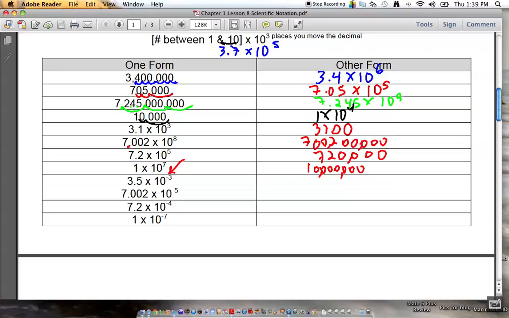Negative exponent means 0 point. Means it's a really tiny number. 0 point 0, 0, 0, 1, 2, 3, 5. You see how I would move the decimal 3 places to the right to make a number between 1 and 10? So that's what a negative exponent means. Try the next one. See the negative exponent? That means start with 0 point, and then you're going to go 3 places until you get it between 1 and 10.